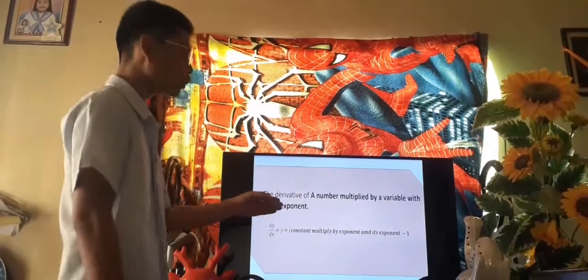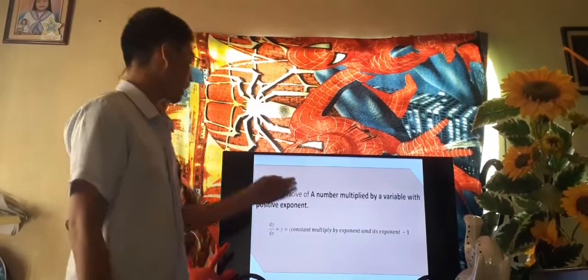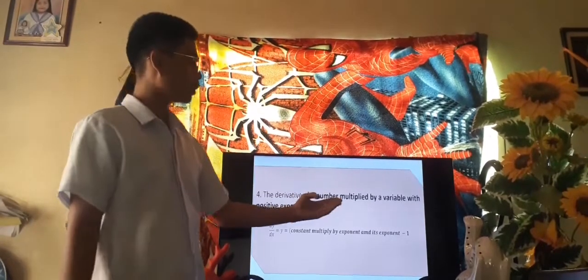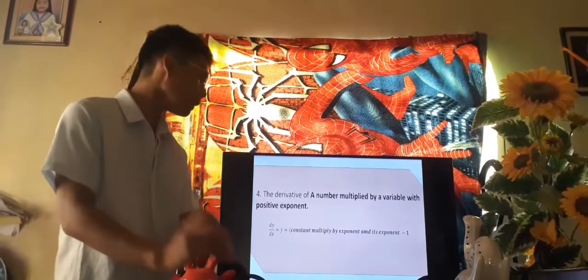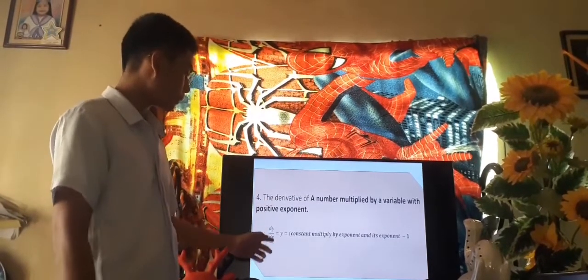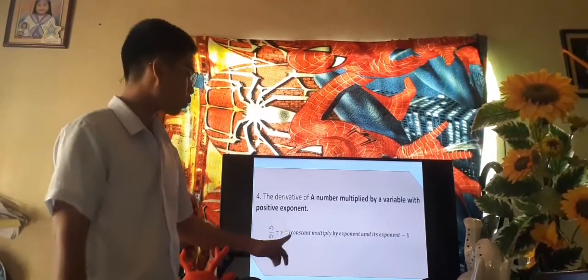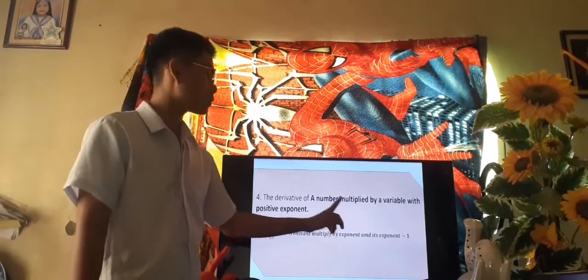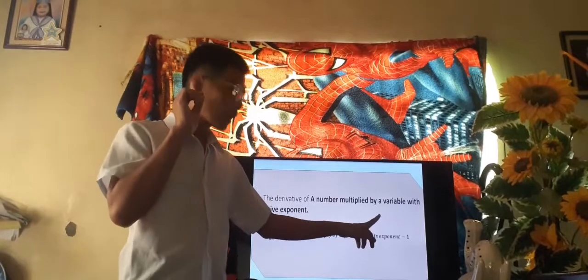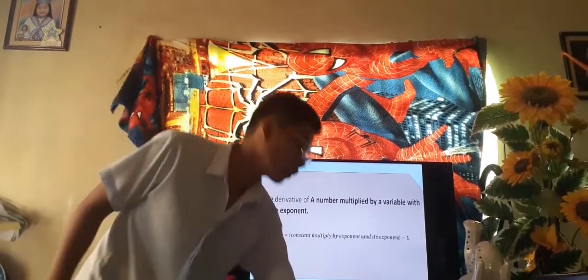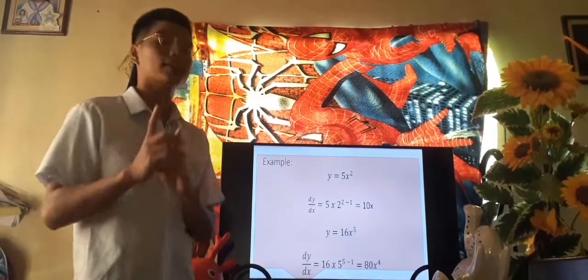So, ang ating 4th rule ay ang derivative of a number multiplied by a variable with positive exponent. It means that the derivative is constant multiplied by exponent, and its exponent will be subtracted by 1. So, para mas malinaw, I prepared an example.